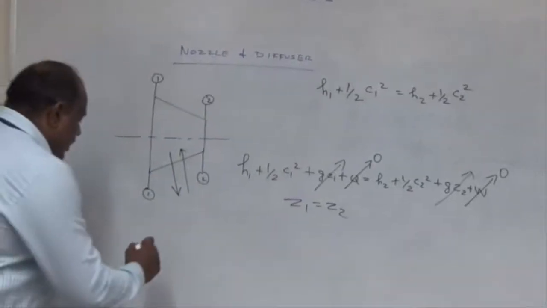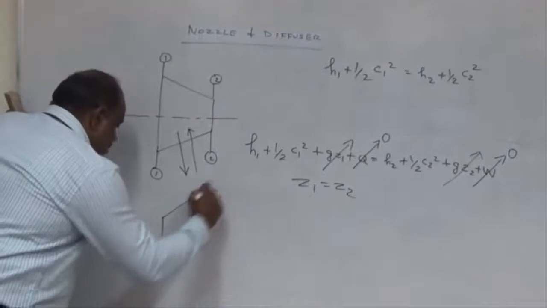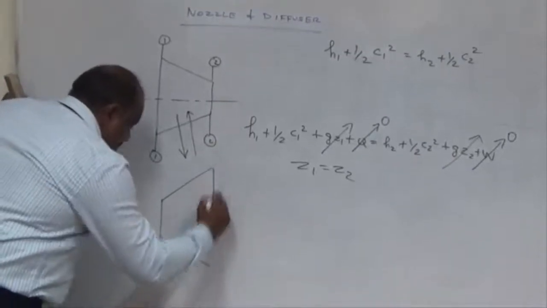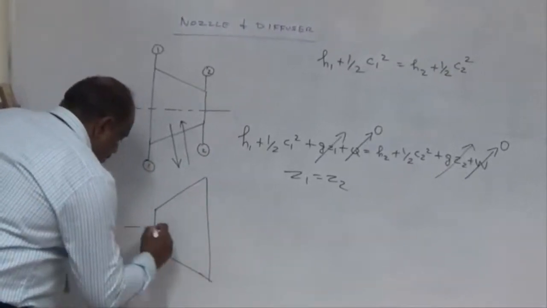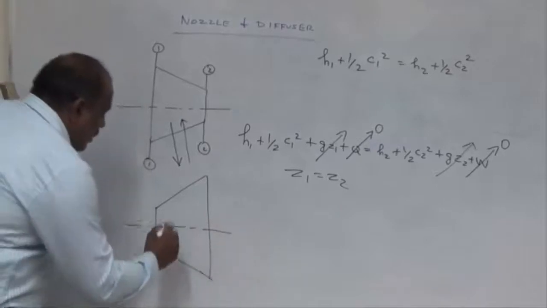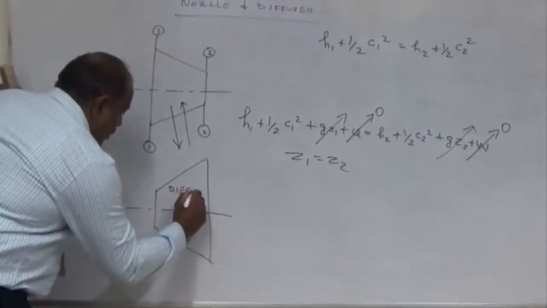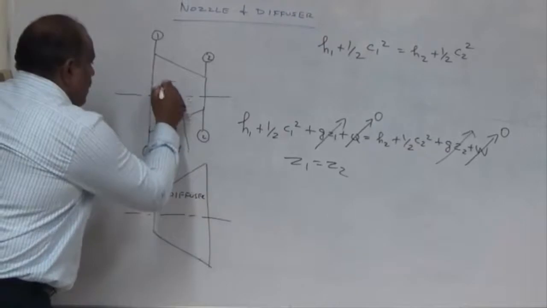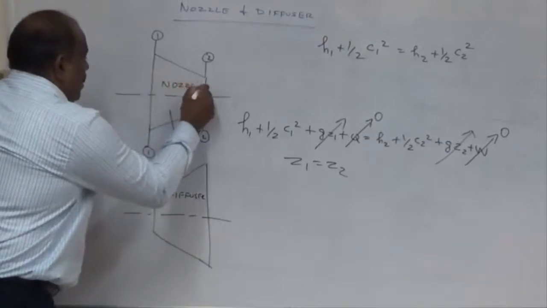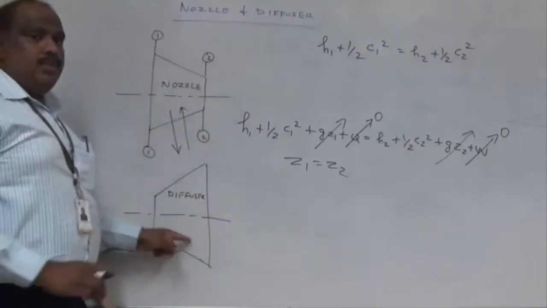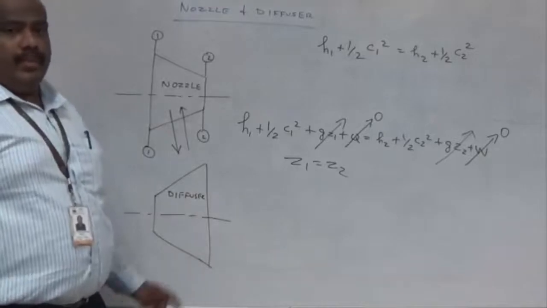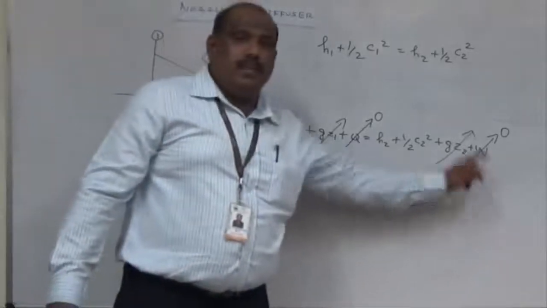Let us take the case of the diffuser. So this is nothing but a diffuser, and this is nothing but a nozzle. In a diffuser, what about the work done? 0, because there are no moving parts. W equals 0.